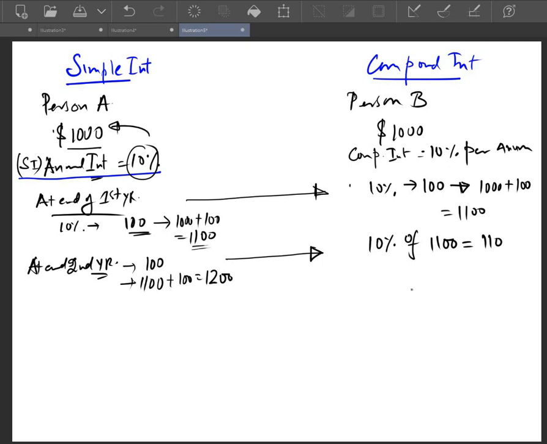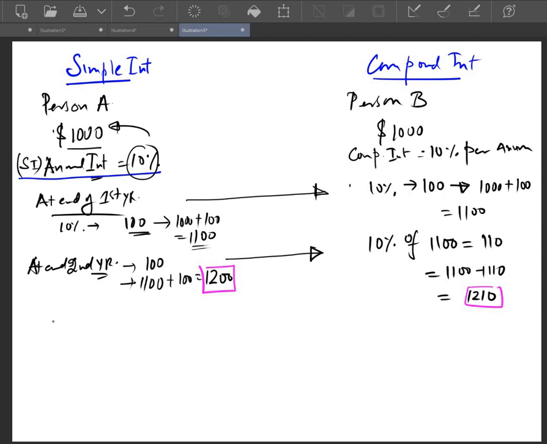So this person's amount after the end of second year is 1100 plus 110. So what is 1100 plus 110? It is 1210. So you clearly see now that there is a difference of $10 in both the figures, right?